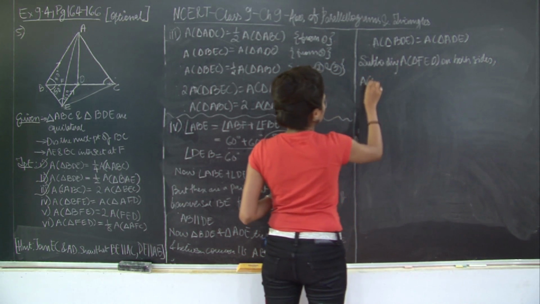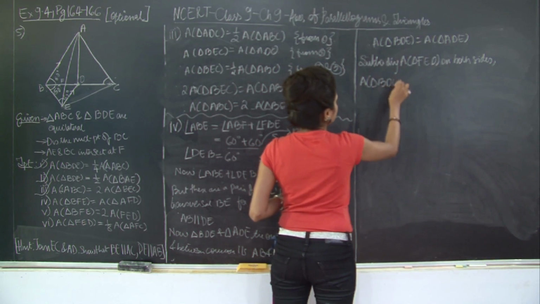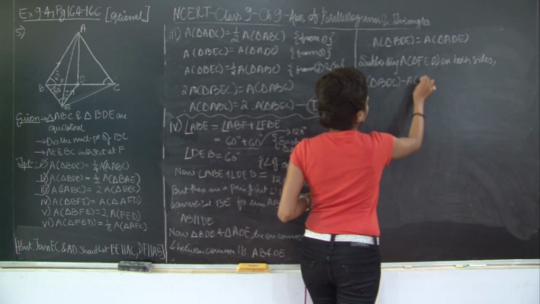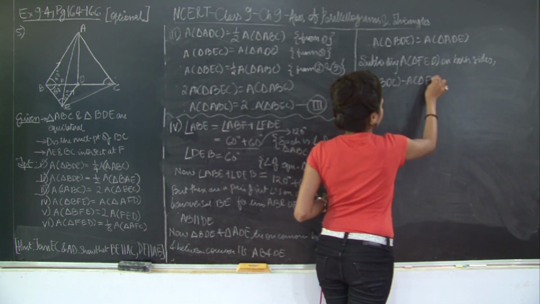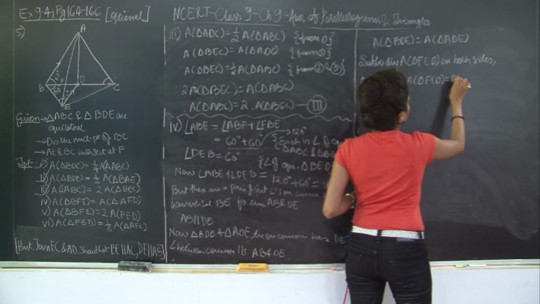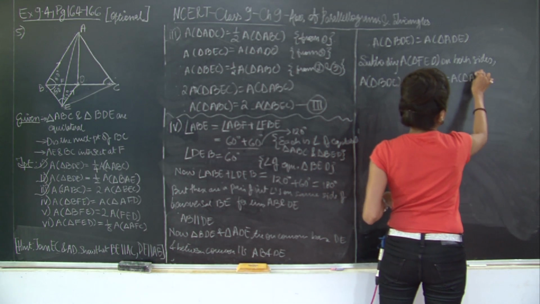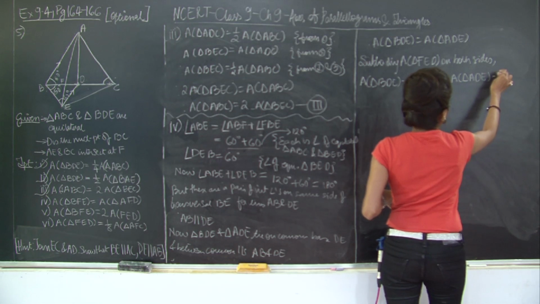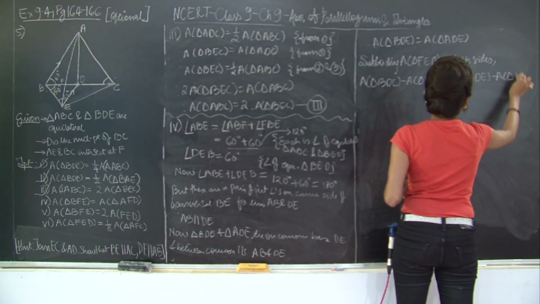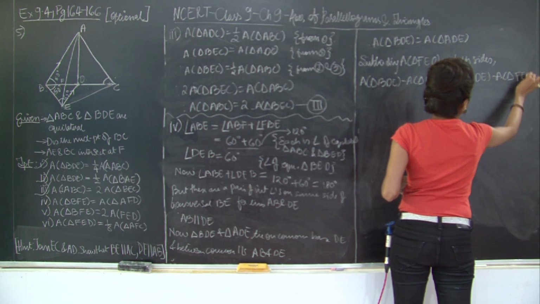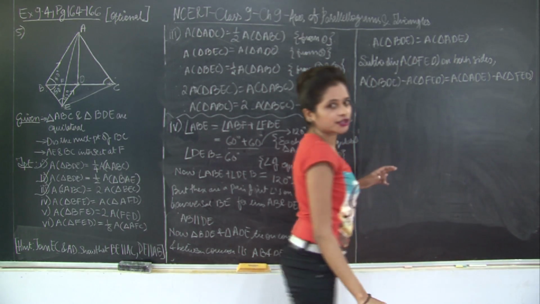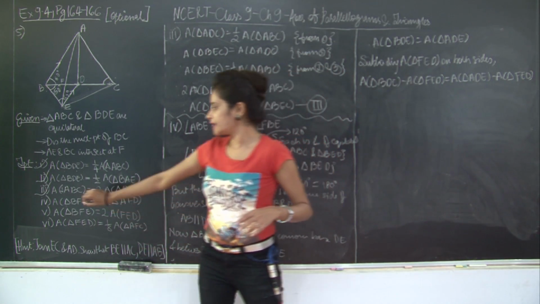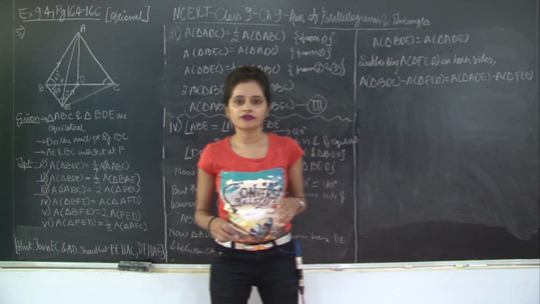Area of triangle BDE minus area of triangle FED is equal to area of triangle ADE minus area of triangle FED. So, what do you eventually get? You get your answer, which is area of triangle BFE is equal to area of triangle AFD.